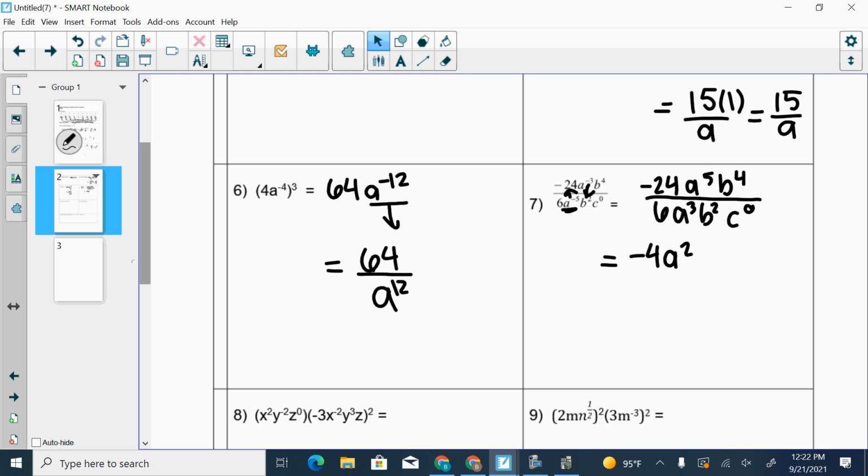And what is c to the 0 going to become? 1. So basically it's gone, right? So all that's really left is that c to the 0, which became 1. And do I have to write this over 1? No. So I could just leave it as negative 4 a squared b squared.